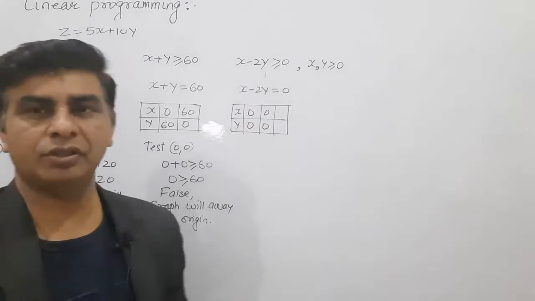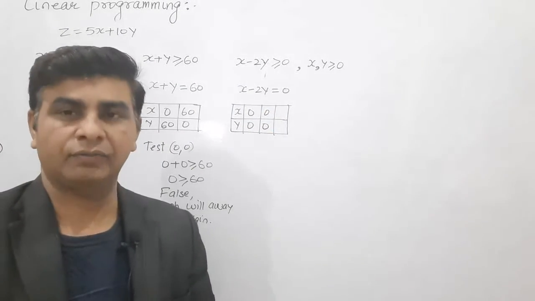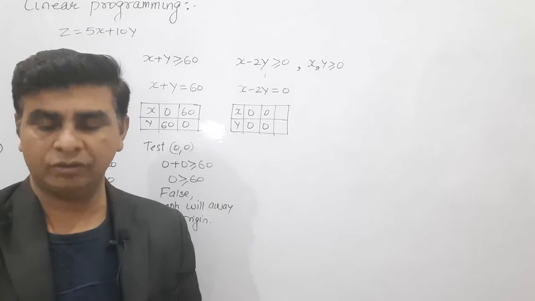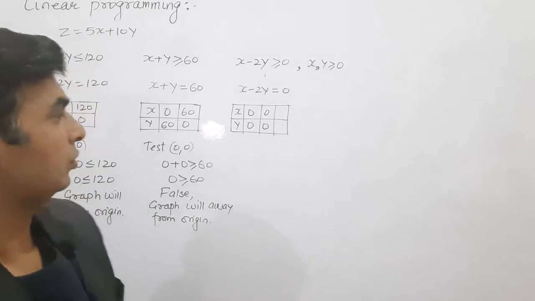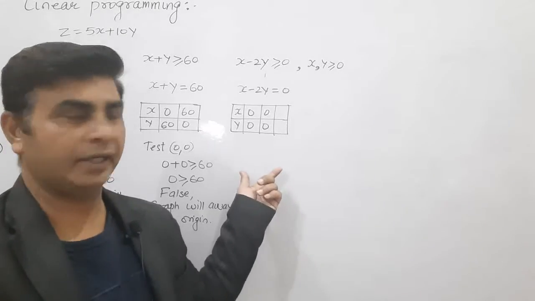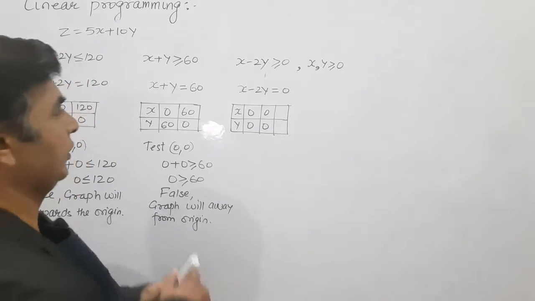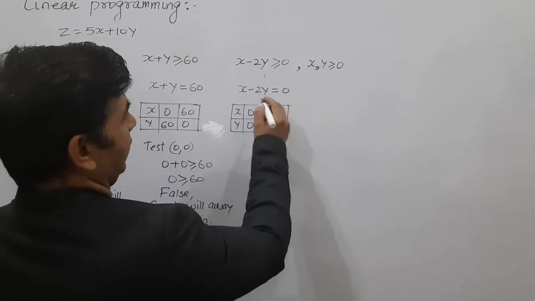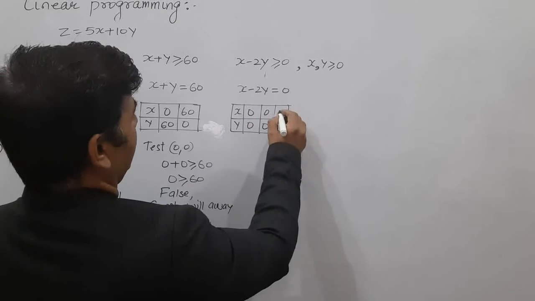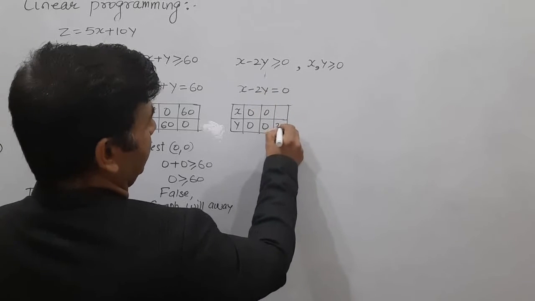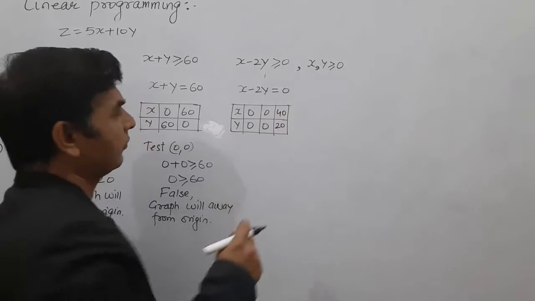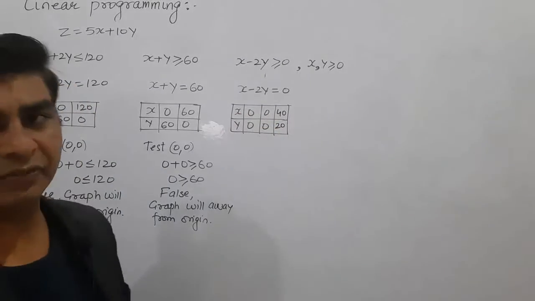So 0, 0 is the only one point, and from one point we cannot draw a straight line. We need at least 2 different points to draw a straight line. So let me take one more point which is different from 0, 0. Let me take y equal to 20, then x will be 40.